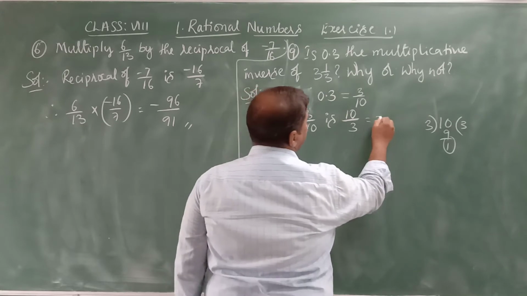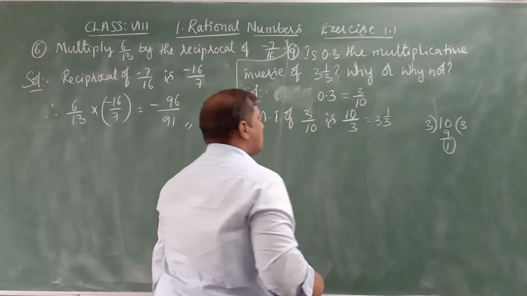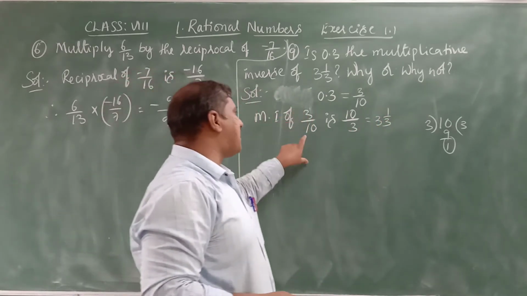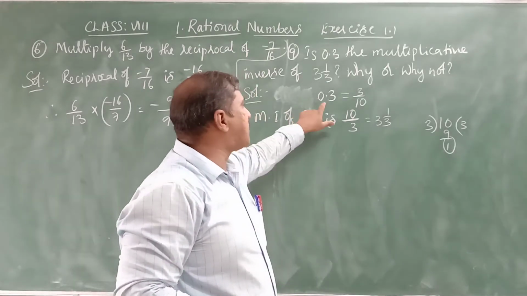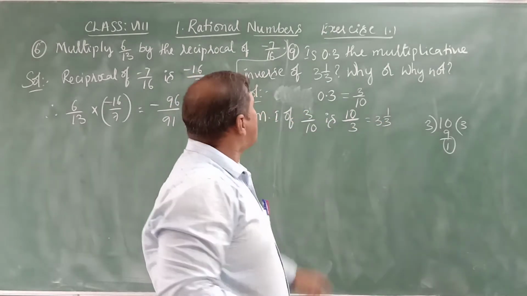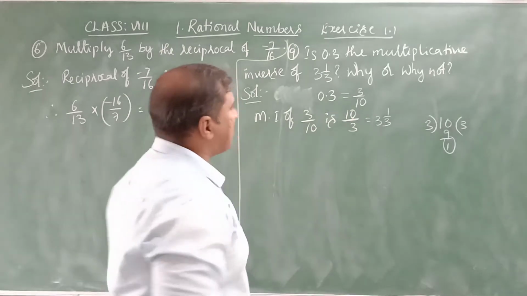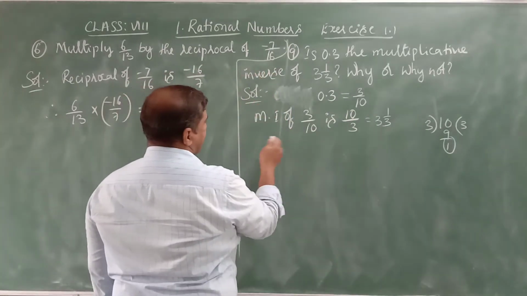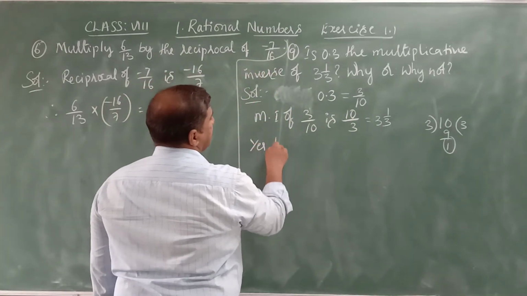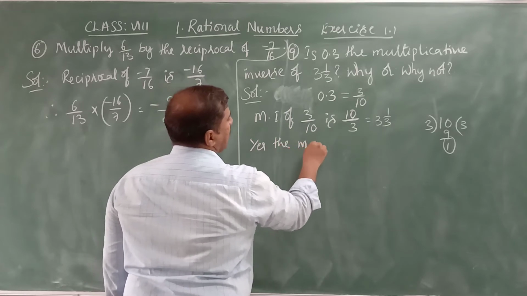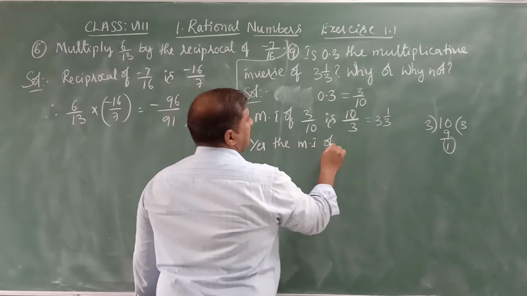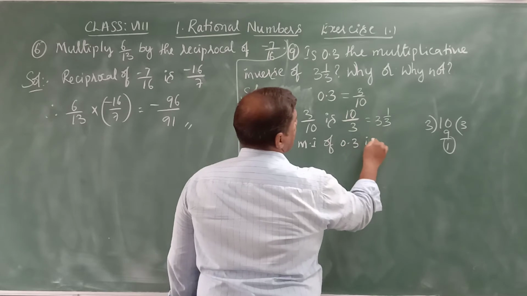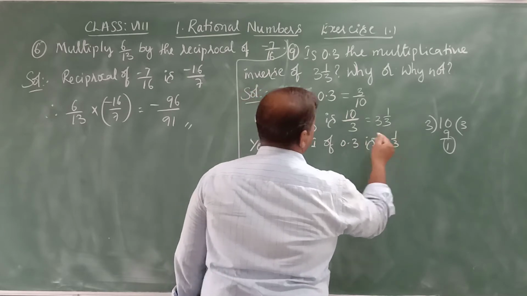So mixed fraction is 3 1 by 3. So, the multiplicative inverse of 3 by 10, that is 0.3, is 3 1 by 3. So, yes, it is the multiplicative inverse. The multiplicative inverse of 0.3 is 3 1 by 3.